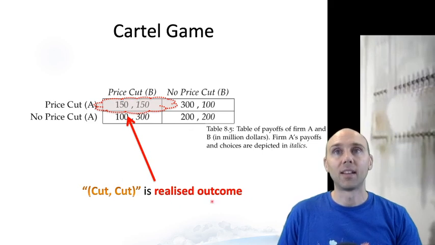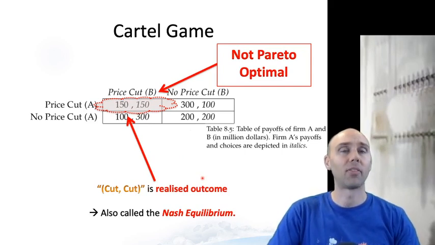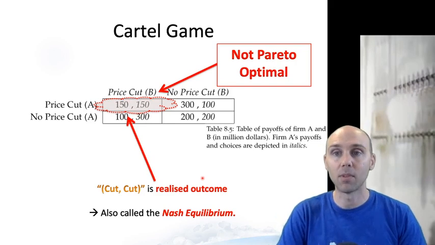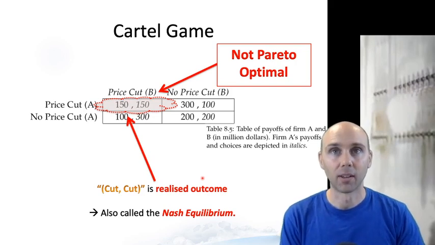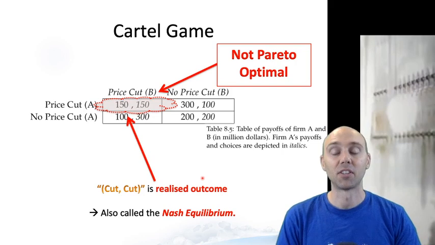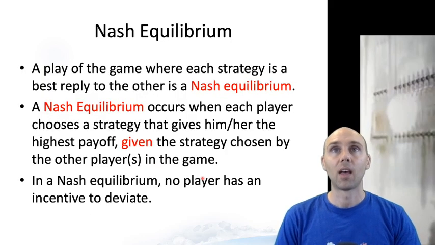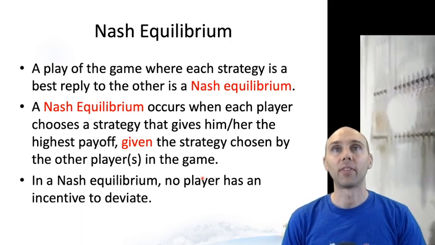However, the realized outcome is not Pareto optimal and is also called the Nash equilibrium. You might have heard about the Nash equilibrium, or this name, Nash. That's any situation where both firms can't do any better individually. So individually, there's no deviation that improves the situation for one firm. So they're playing the best that they can do when considering what the others are doing.